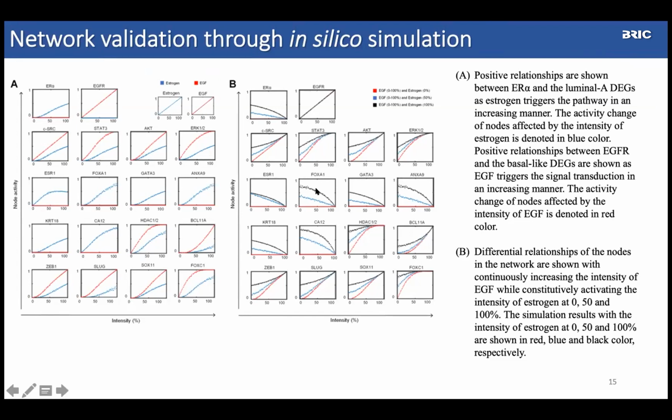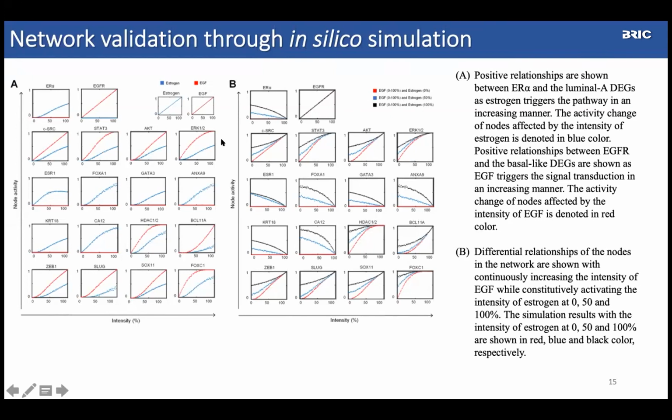And going a little further, in real biological phenomena, there's no such thing as a single ligand binding to one signaling pathway. So we wanted to mimic when these two ligands are simultaneously binding within the network model. To mimic this situation, we manipulated the intensity of these ligands differently. We gradually increased the intensity of EGF from 0 to 100%, and at the same time, we fixed the intensity of estrogen at different levels: 0, 50%, and 100%.